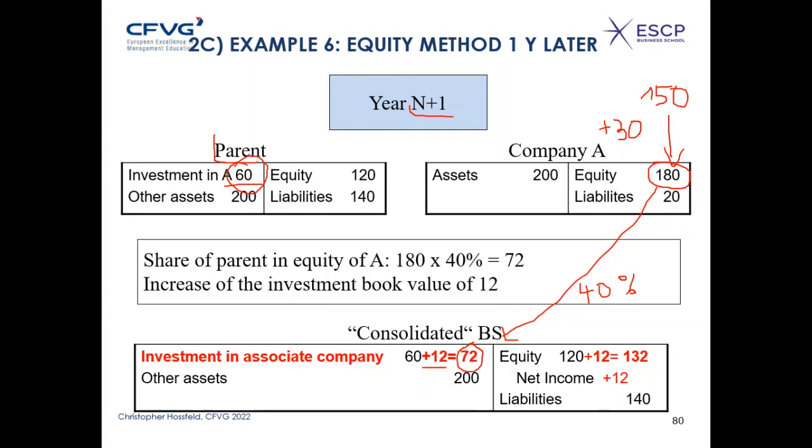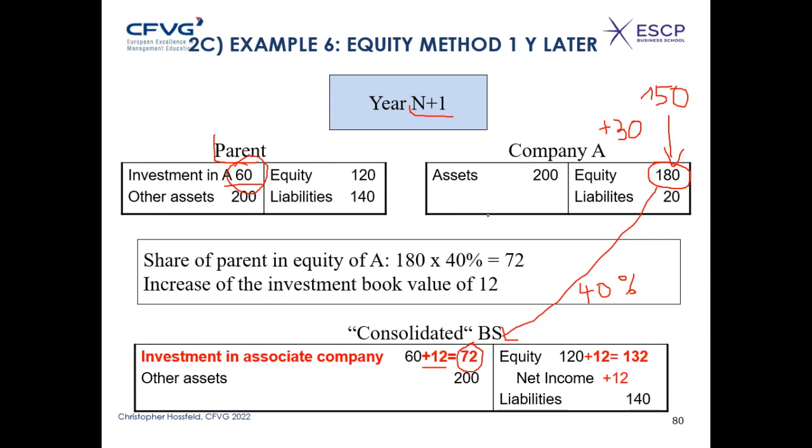Any idea? How do I know that the increase of equity is due to a profit and not due to the issuance of new shares by company A?